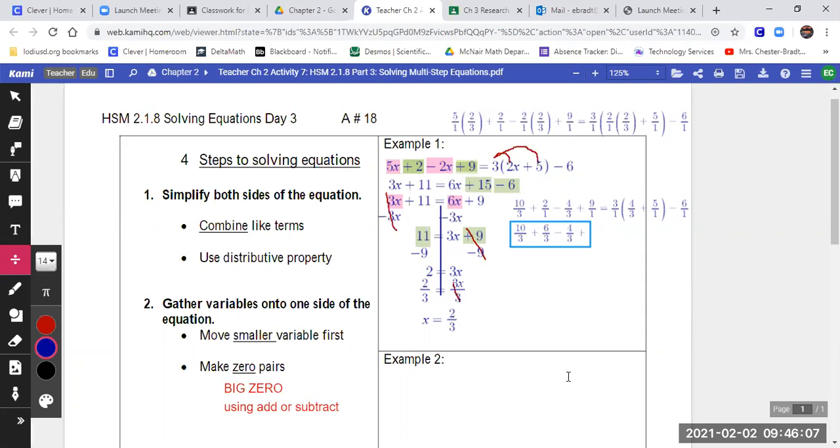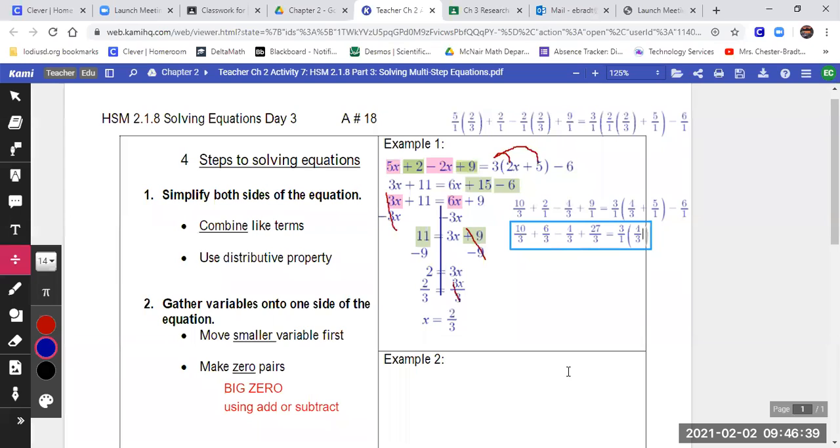What is 9 times 3? 27. So we have 27 over 3. That's all that side equals. My 3 over 1, I can leave it for a moment. My 4 over 3, I can leave it.